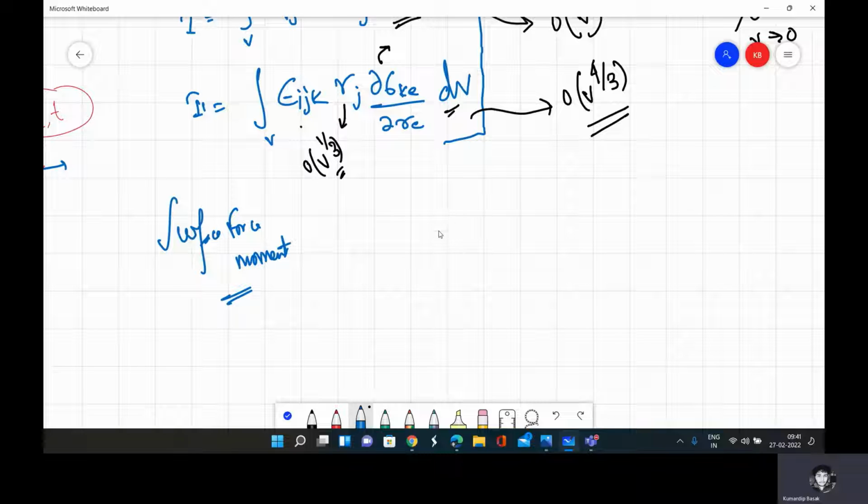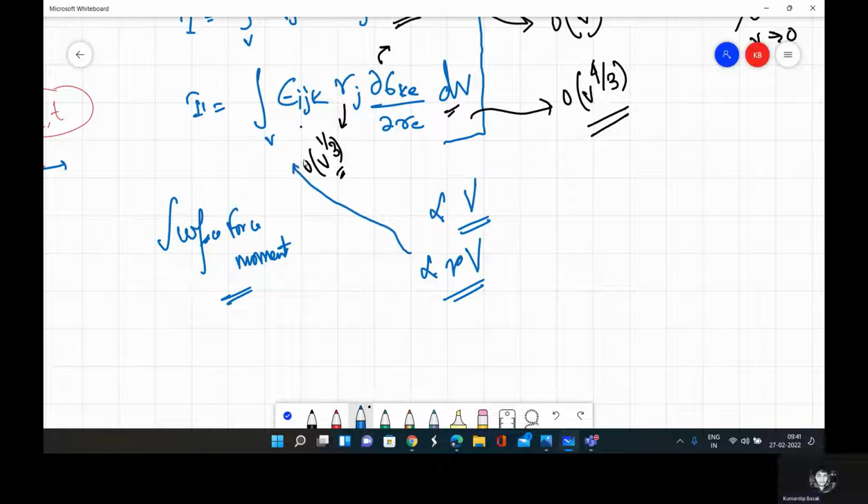The volume force is again proportional to my volume, and the moment of volume forces is proportional to radius into volume. Aren't you getting any similarity with this term? So these will again become of the order of V to the power 4 by 3, the moment of volume forces.